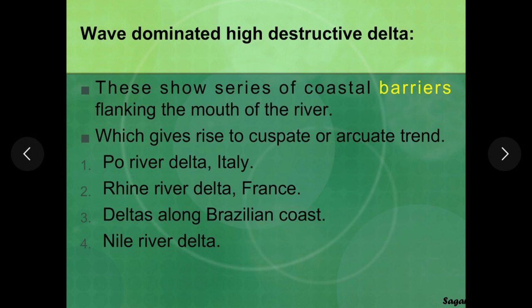When you have a wave dominated delta, you get to see barrier bars flanking the mouth bar of the river or delta distributary channel. You can see examples of wave dominated deltas here; try to find out more about these deltas which I have listed here, and you can see their diagrams or satellite images.